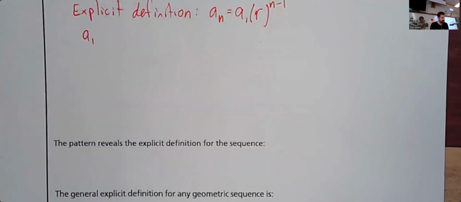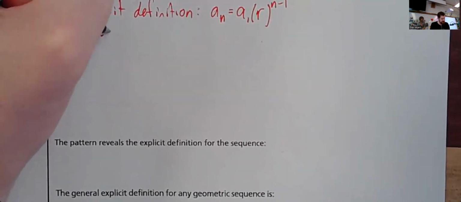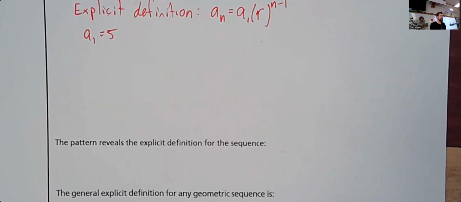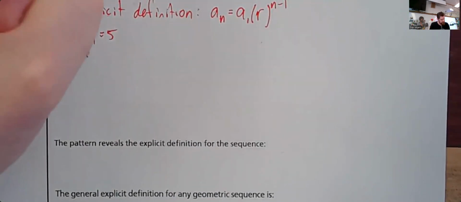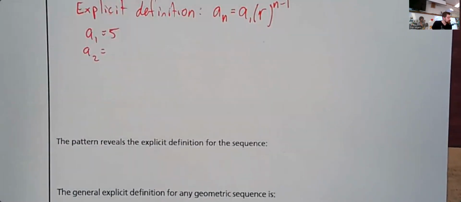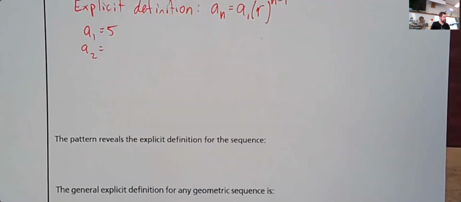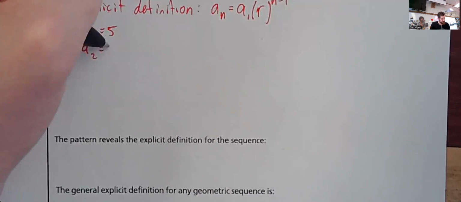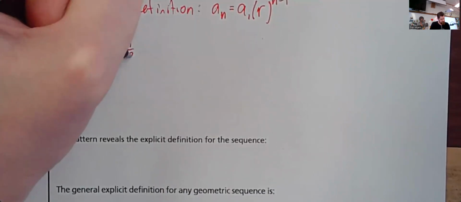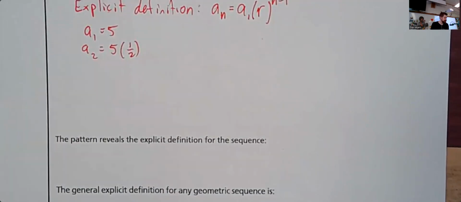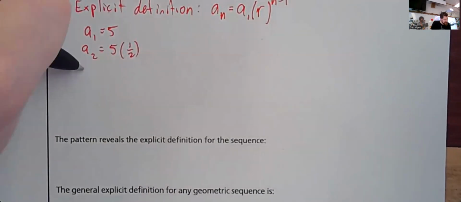A sub 1 equals 5. Right? That's the first term. What's a sub 2 going to equal? 2.5. Yeah. Or half of 5, right? 5 halves, 5 times 1/2, whatever you want to call it.